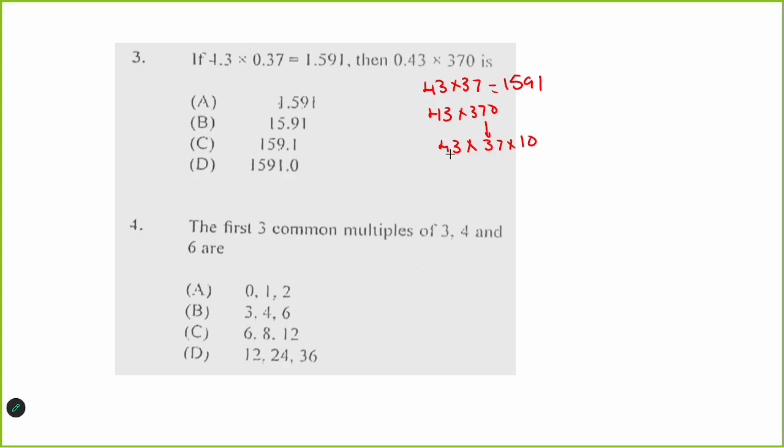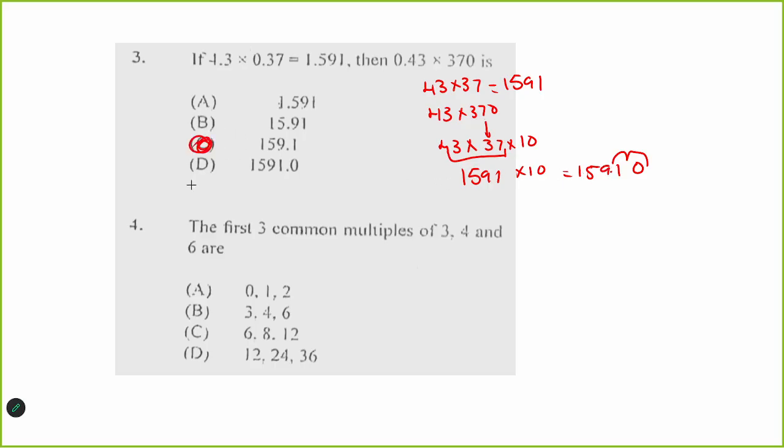So if we know 43 times 37 is 1591, we know this part is 1591 multiplied by 100, which is 1591 with a 0. And then we count how many decimal places it has. 1, 2, 1, 2. That'd be 159.1.